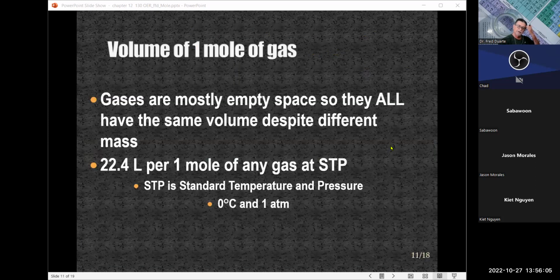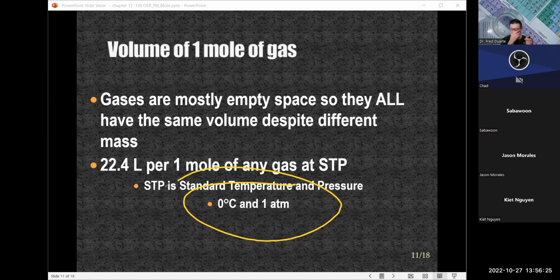Here, this is basically what I just stated, but I can't overemphasize the conditions where this is true, and that is 0 degrees Celsius and 1 atmosphere.